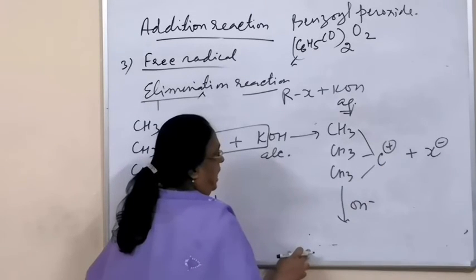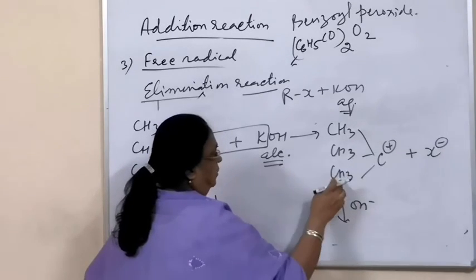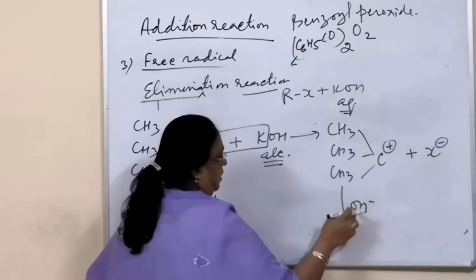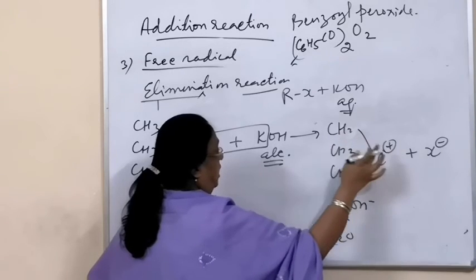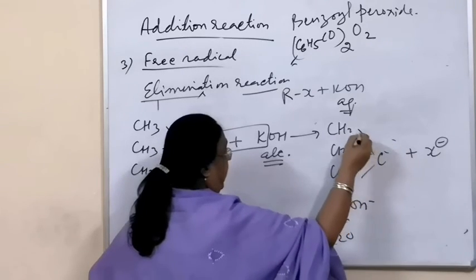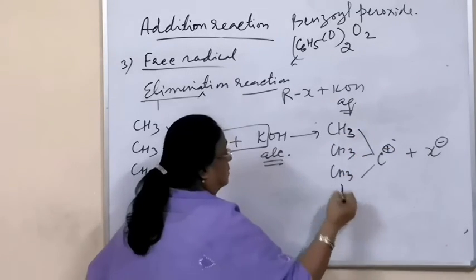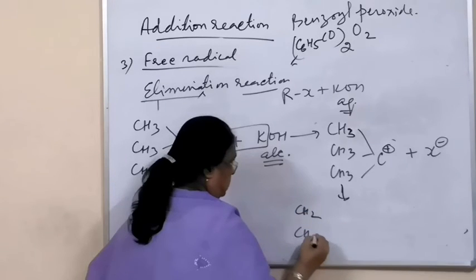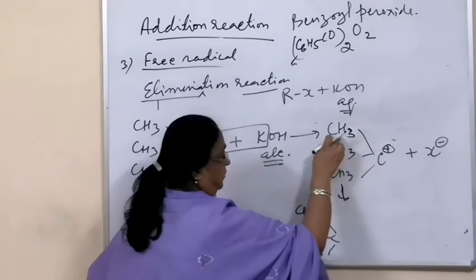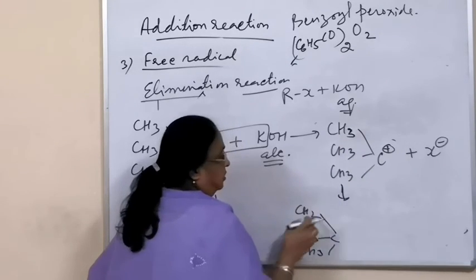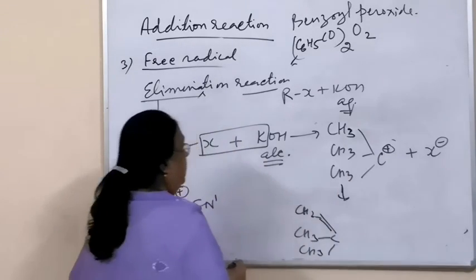But before that, what will happen? Since alcohol is there, it may not get a chance to attack. So one of the hydrogens from any one of these will be combining with this and will form water. So if one H is out, this will be balanced. This is CH2, this is CH3, this is CH3, this is C, and when one hydrogen is out from here, that electron will balance this deficiency and a double bond will be formed.